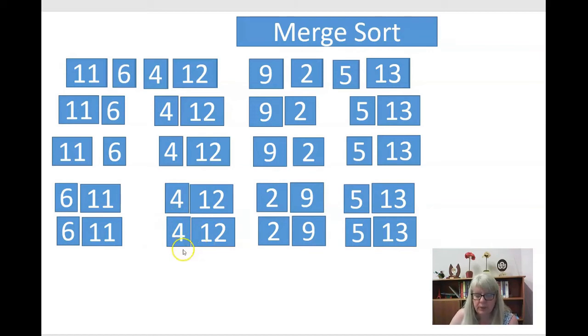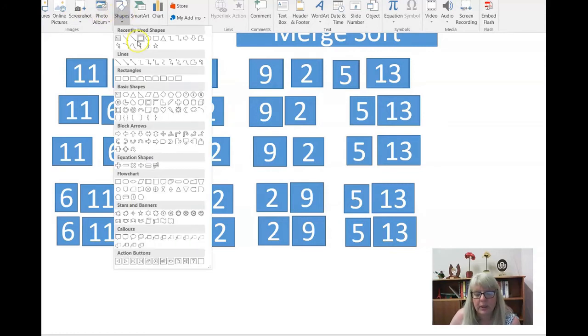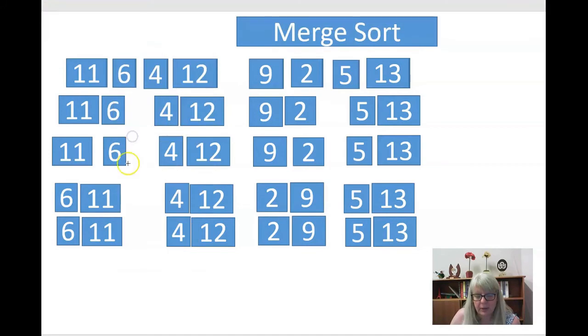Let's get a shape, let's make an arrow, and we have a pointer here and a pointer there, so that you can get the right idea of the merging that's taking place.